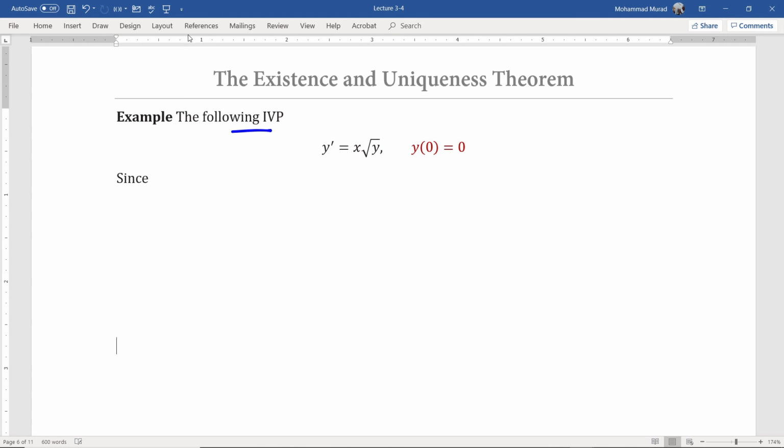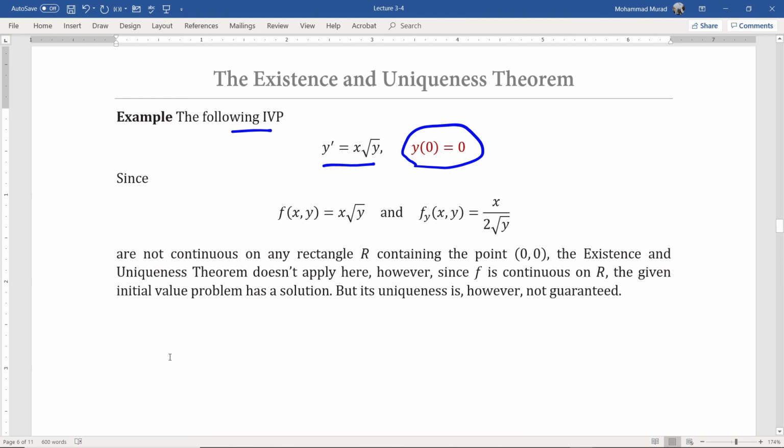This initial value problem has the same ODE but a different initial condition. Since both f and f sub y are not continuous on any rectangle R containing the point 0, 0, the existence and uniqueness theorem doesn't apply here.